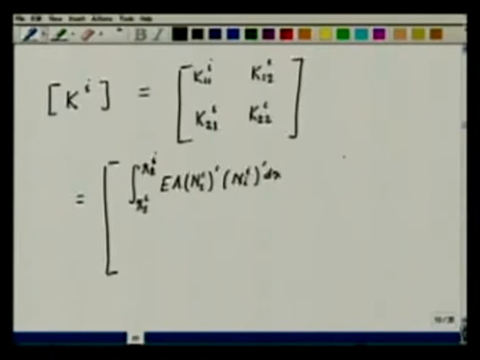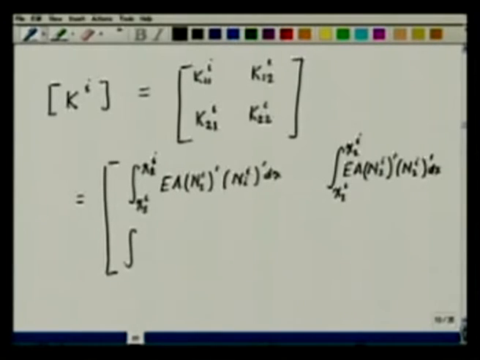The second one will be the integral from x1I to x2I of EA n1I prime n2I prime dx.